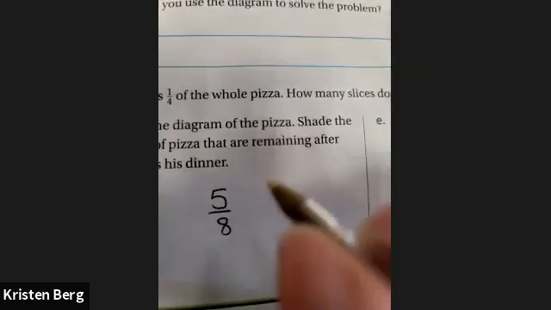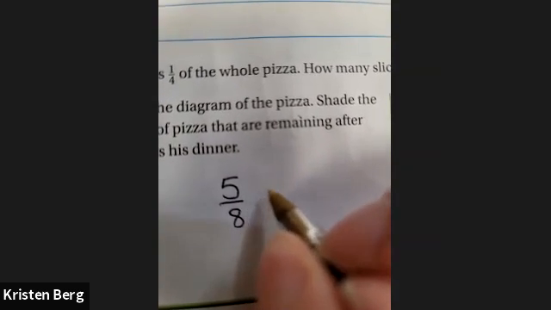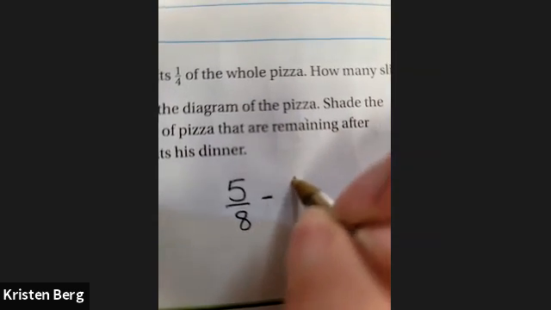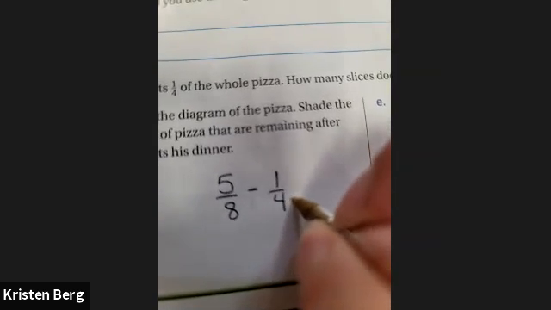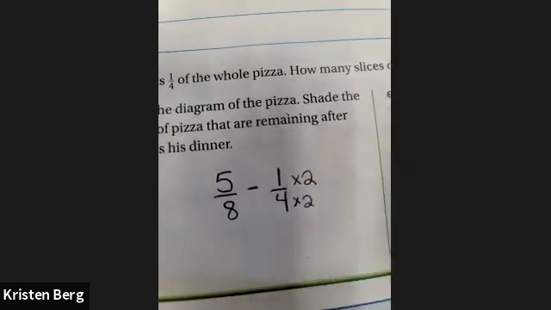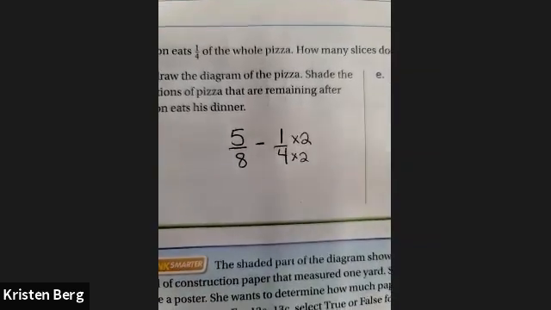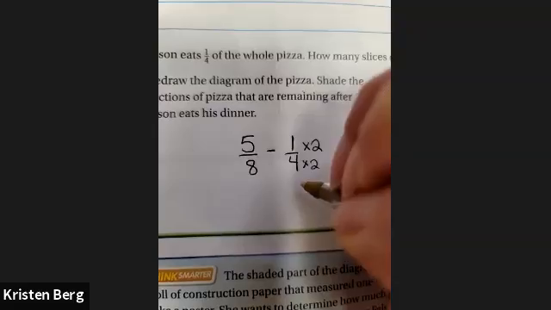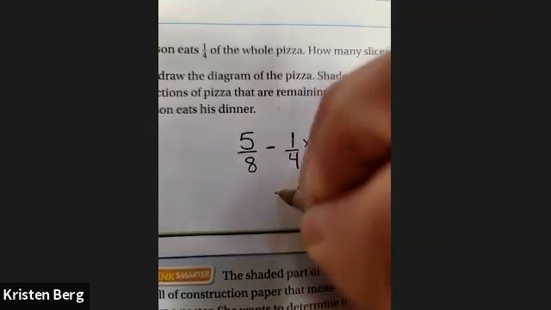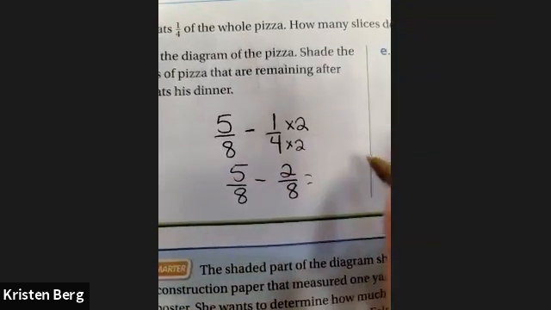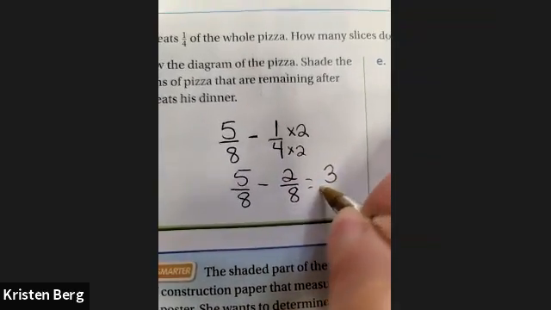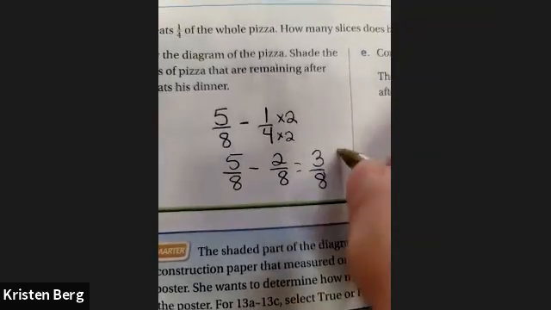So you could have just said minus 1/4, which if you did this and made a common denominator, you could have just done 2/8. So what is 5 minus 2? It is 3/8. So therefore 3/8 of the pizza would be left.